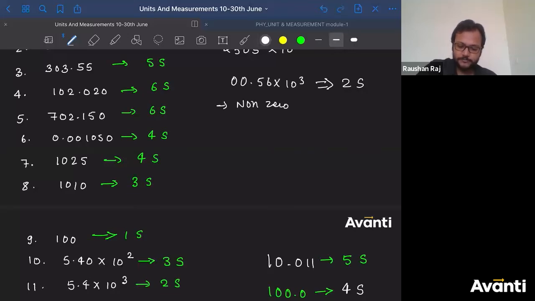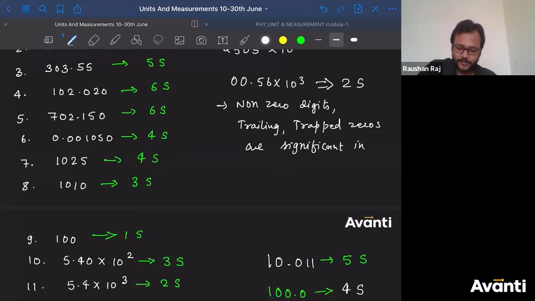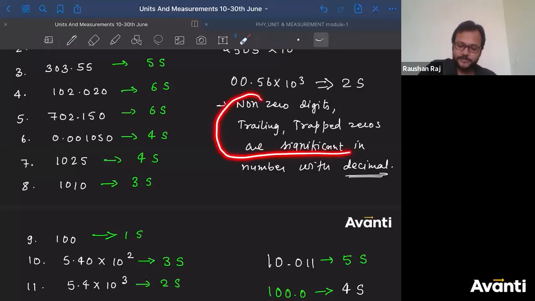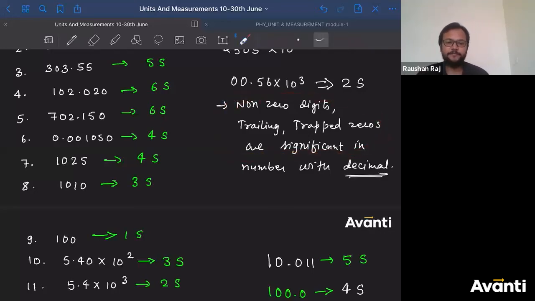Non-zero digits, then trailing or trapped zeros are significant in a number with a decimal. So if you have a number with a decimal, these digits will be significant. Apart from that, everything will be non-significant.